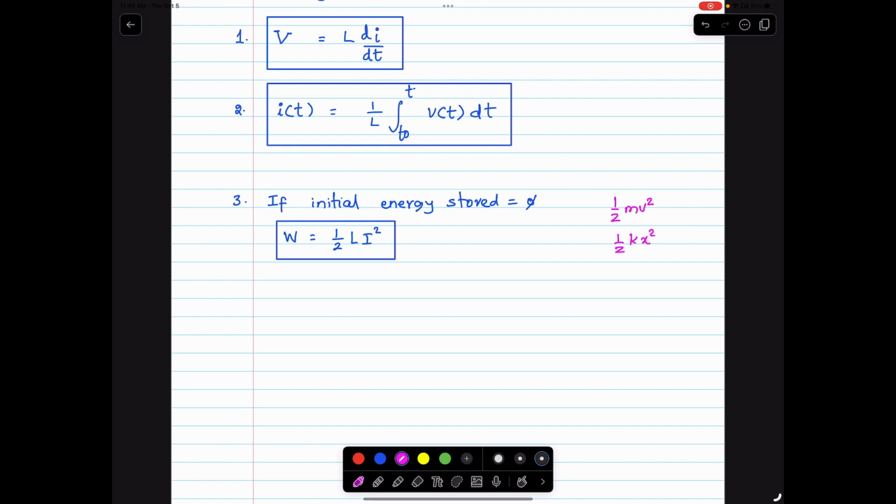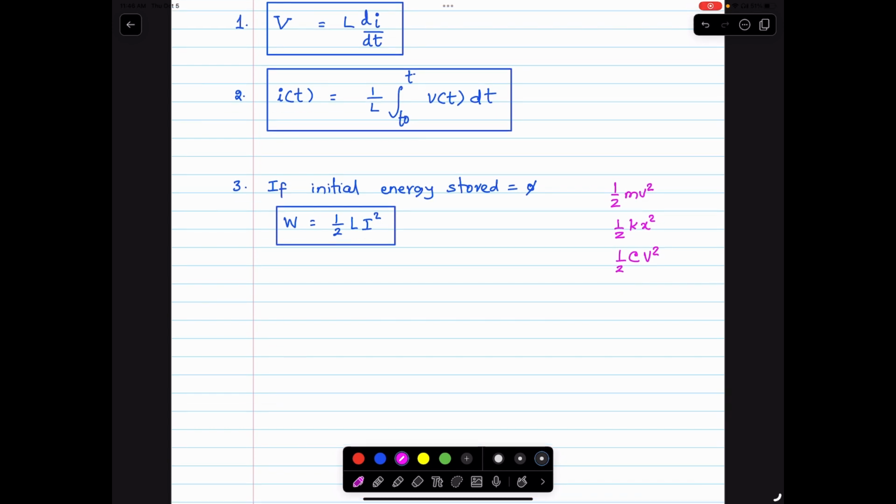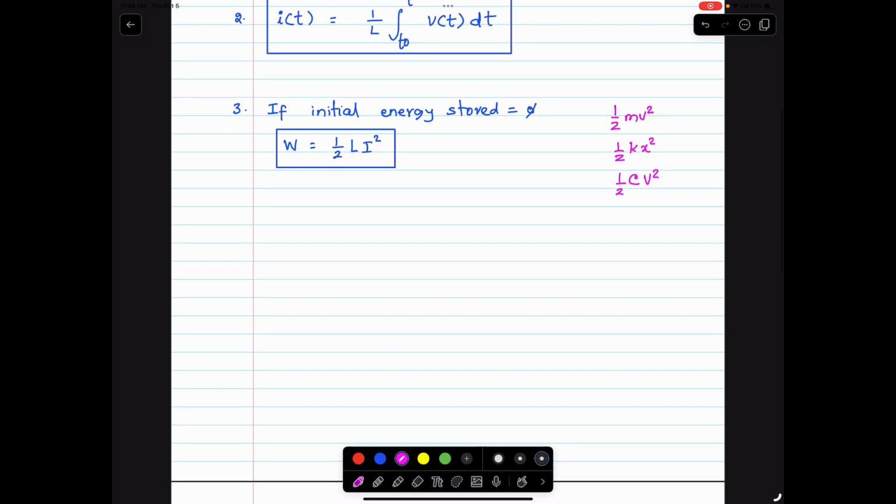Similarly, you will see that the energy stored in a capacitor is 1/2 C V squared. The idea is that this canonical form of 1/2 times a constant times a variable squared for energy stored is something fundamental we have seen multiple times in the past. Okay, so that's number 3.